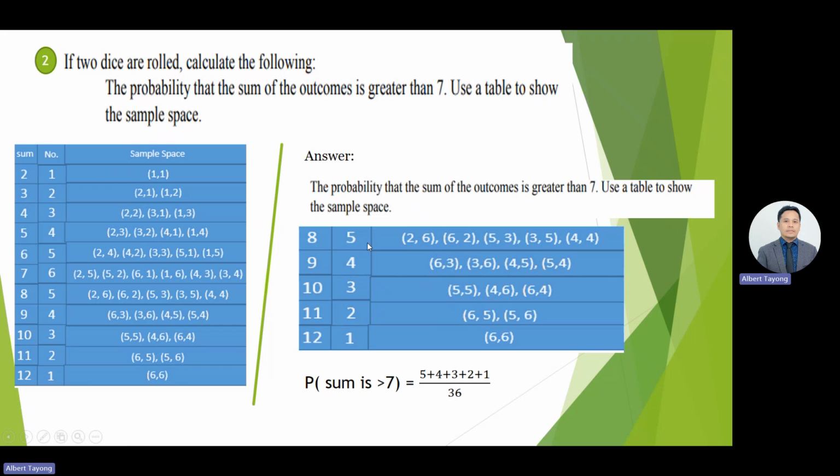Then add all the sums, or you can add the numbers here: 5 plus 4 plus 3 plus 2 plus 1 over 36, because here we have 36 all in all. So 15 over 36, that is 41.66%.